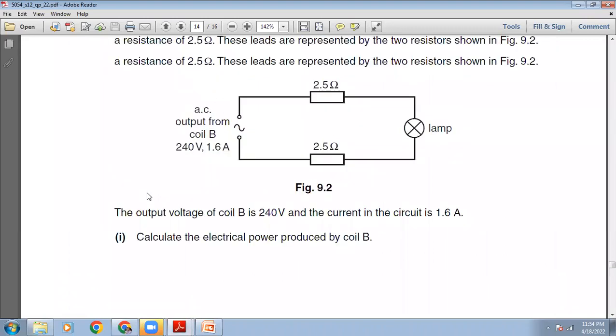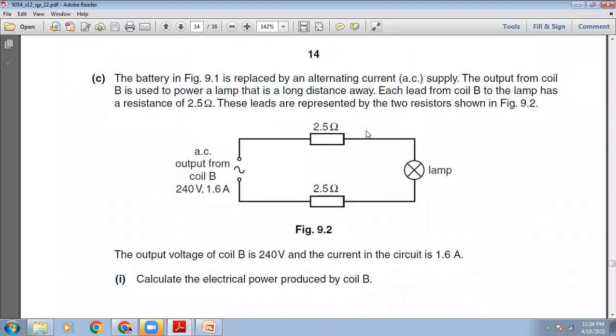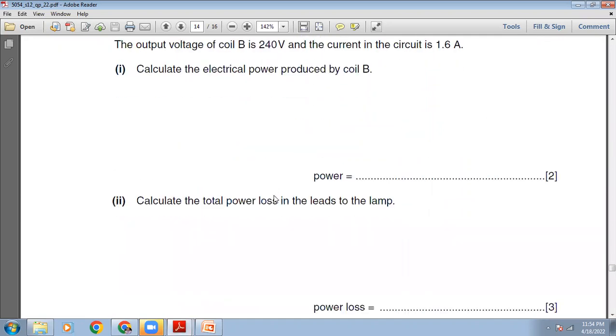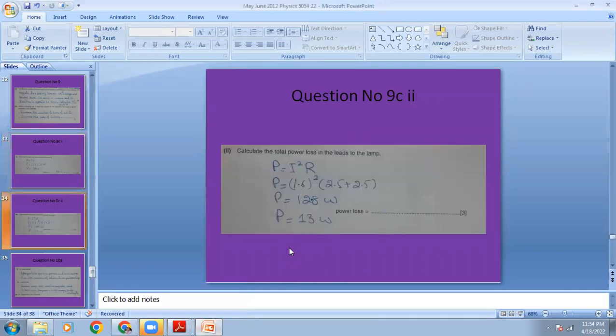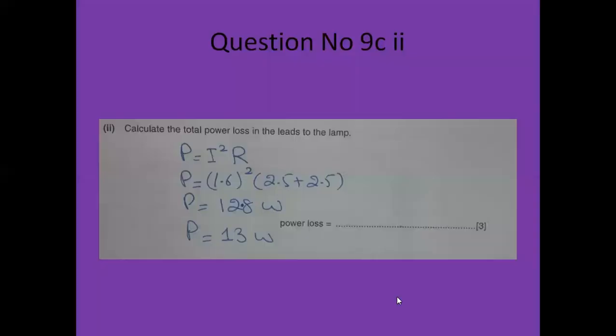Then the question is: calculate the total power loss in the leads to the lamp. So the power loss here plus the power loss here. Very easily we can find the total power loss. The power loss formula is P equals I squared R. We know the current flowing through this wire is 1.6 ampere, and we know the total resistance of the leads is 2.5 plus 2.5, and that will be 5.